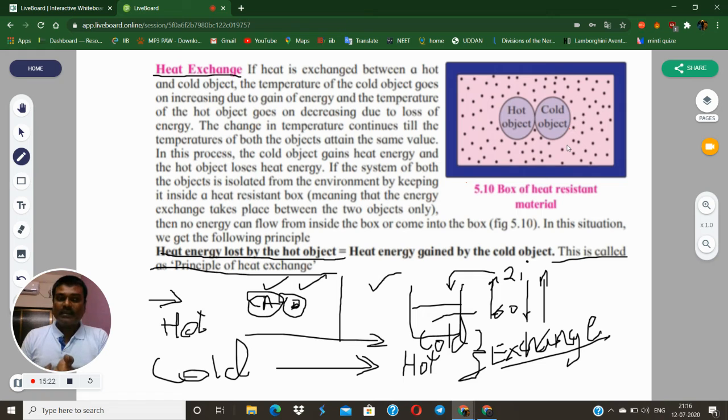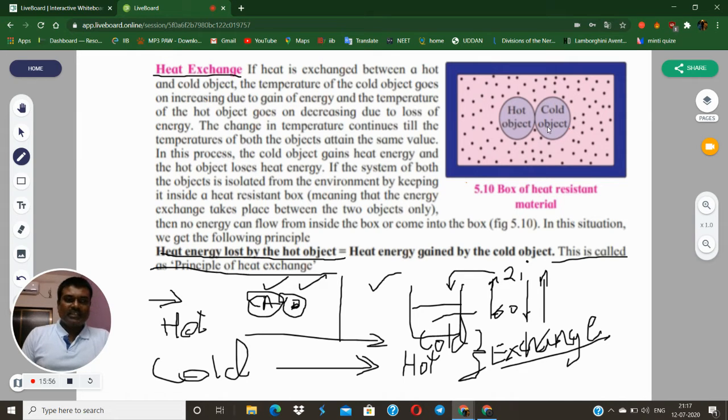Then the surrounding temperature does not affect the objects, because they are totally enclosed. The outer temperature does not enter the system, and the inside temperature is not released to the surroundings.